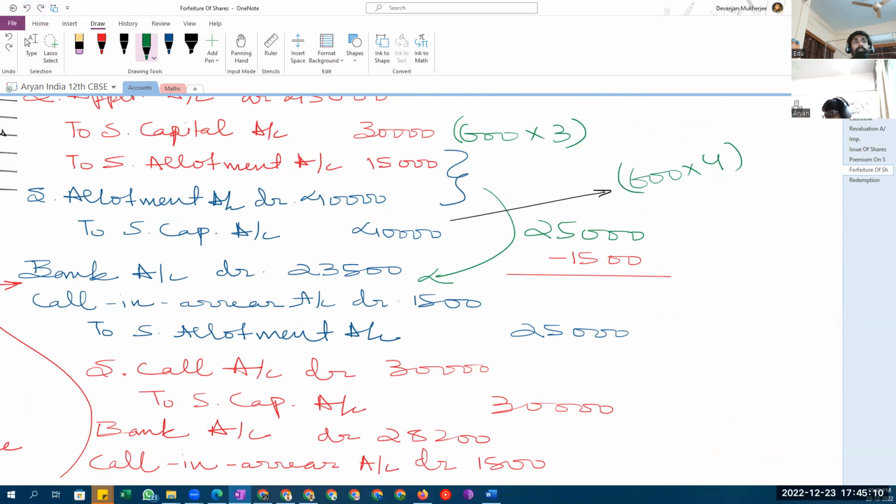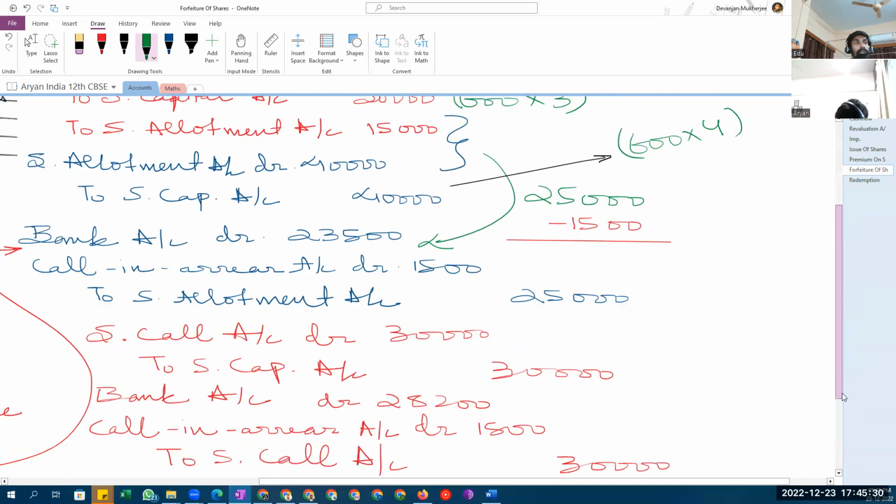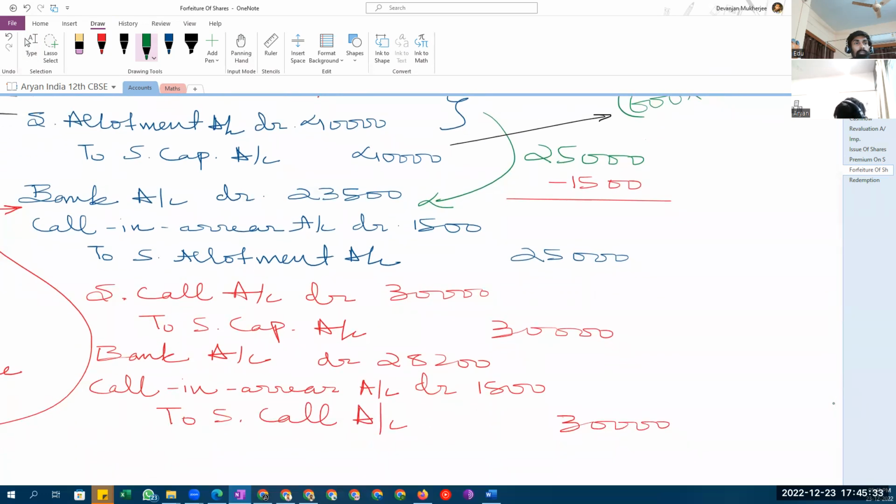In the capital, we are putting him only the par value of the allotted shares. 600 is the allotted shares. The par value of that we are putting into the capital, right? So 600 into 3 in the application, 600 into 4 in the allotment, and again 600 into 3 in the call.